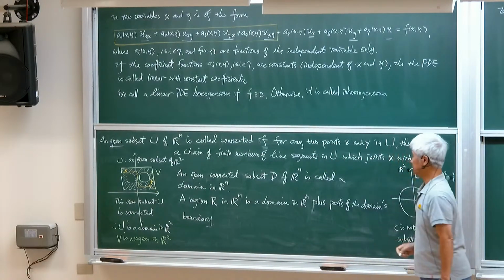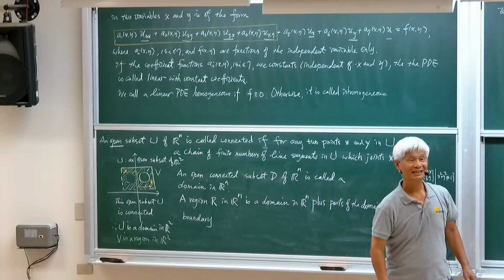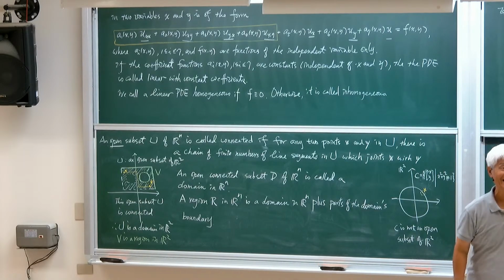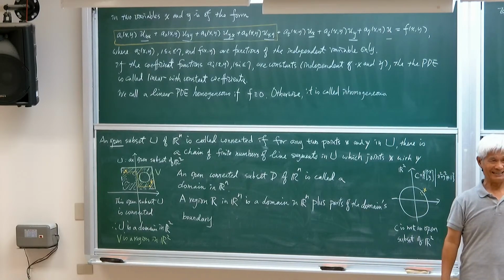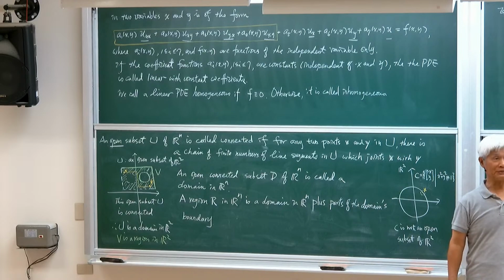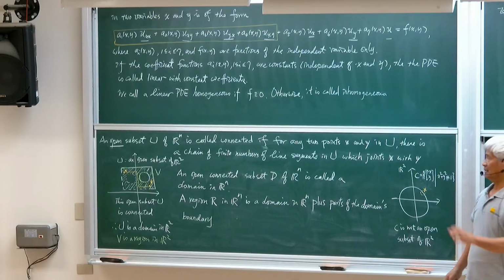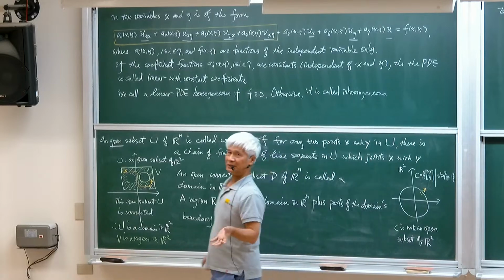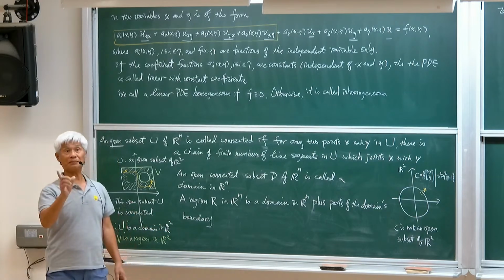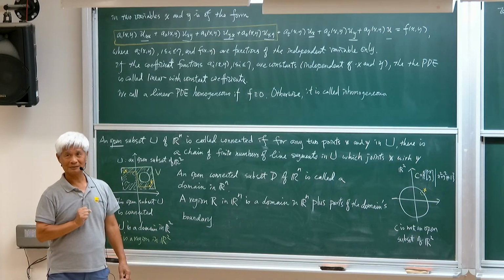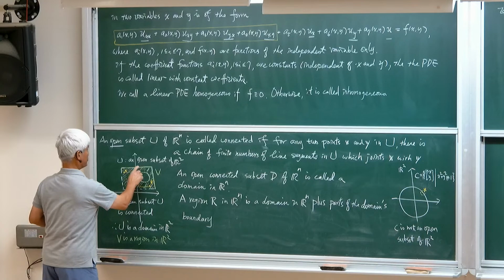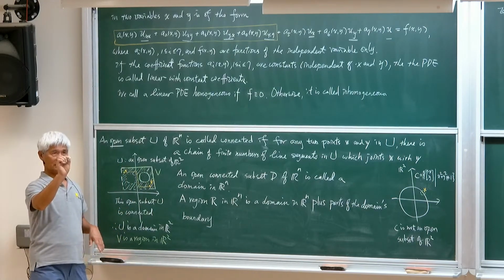Part of the domain's boundary, maybe only one point, maybe anything. So a domain is also a special kind of region. But when you talk about a domain, it must be open and connected. A region must be connected but may not be open, because it includes part of the boundary.